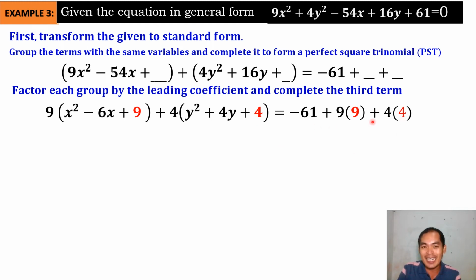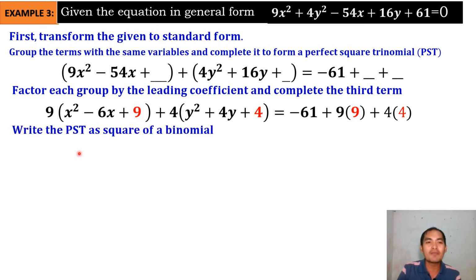Simplify the right side. And also, write the PST as square of a binomial. Itong nasa loob ng parenthesis, we square it as a binomial. So, 9 times the square of the binomial plus 4 times the square of the binomial equals 36. When we simplify the right side, that's 36.